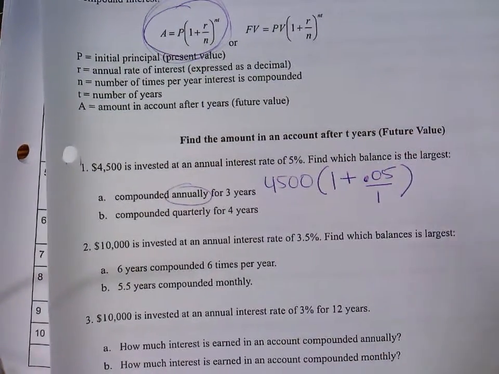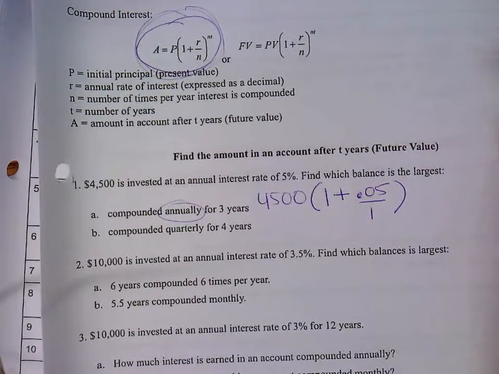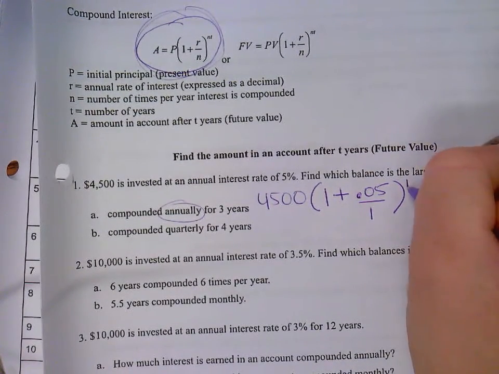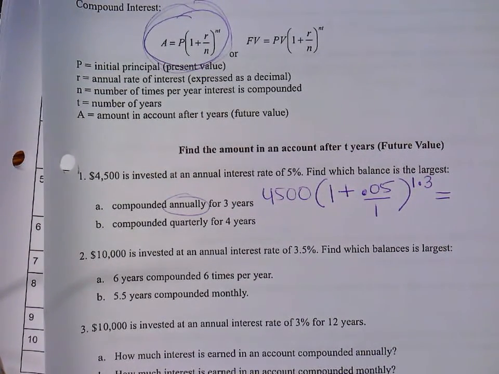You don't really have to write that, but your exponent is 1 times 3 years. I could just write 3 up there, but I want to show you where that N is. Then you can type that into a graphing calculator in one fell swoop. You don't have to do it step by step.